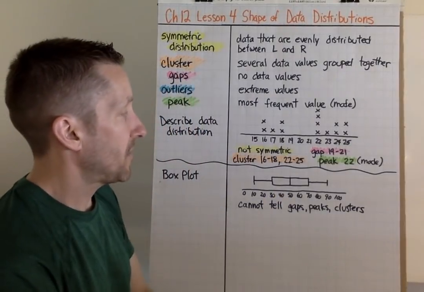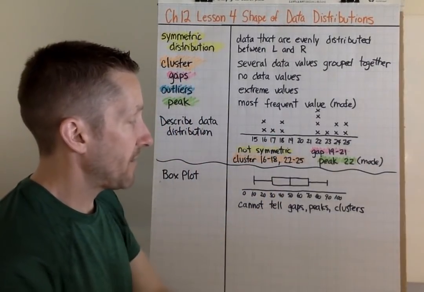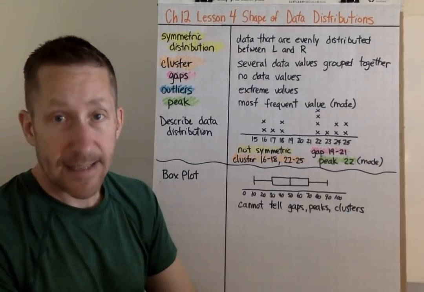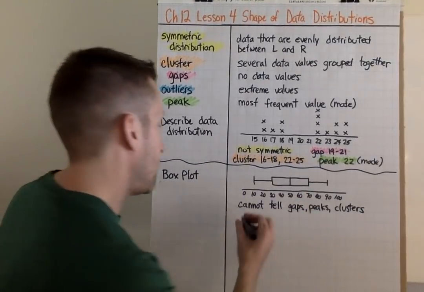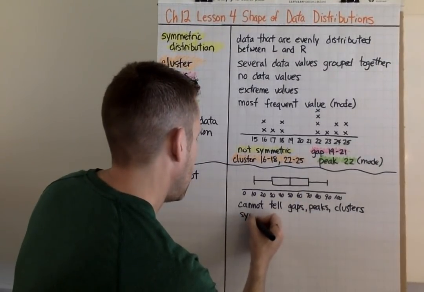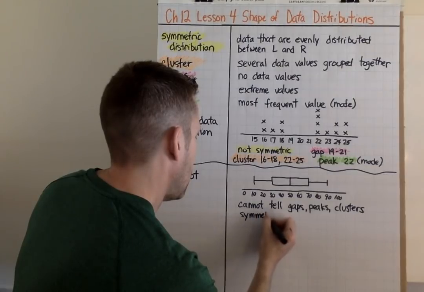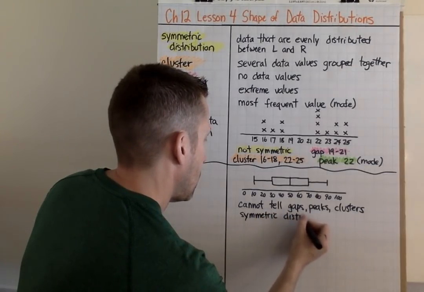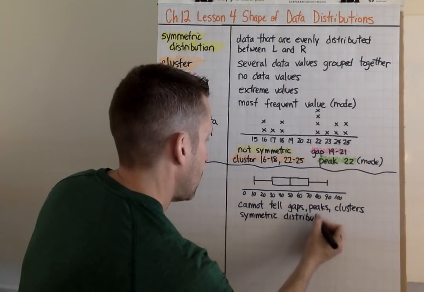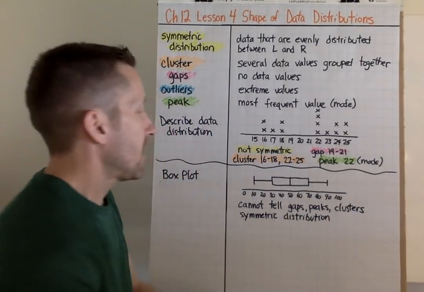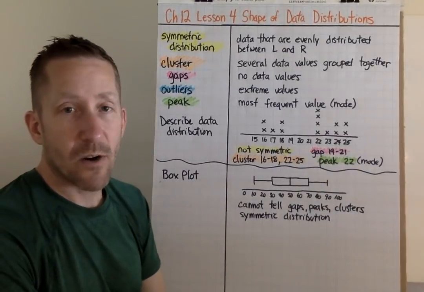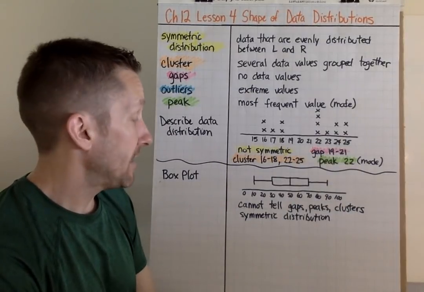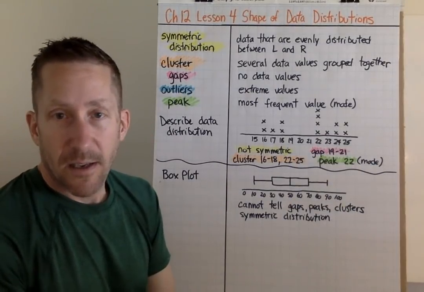Can't tell them from this graph because it doesn't give me the actual data values. I can say that this is a symmetric distribution. I could fold it right across the middle, so I could say that it is symmetric.